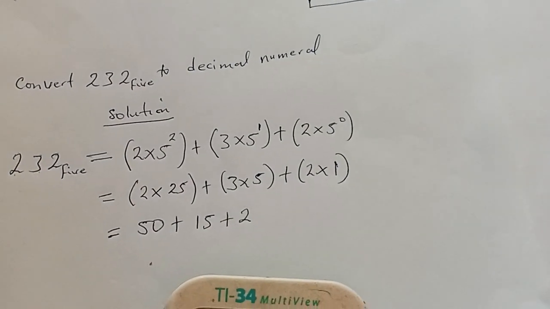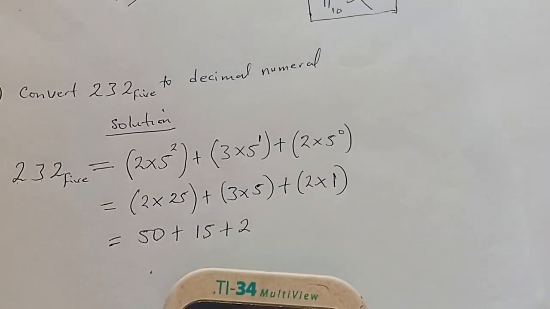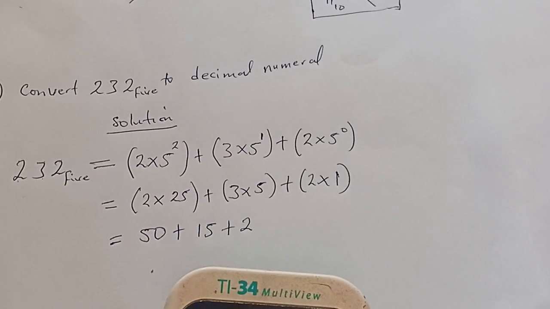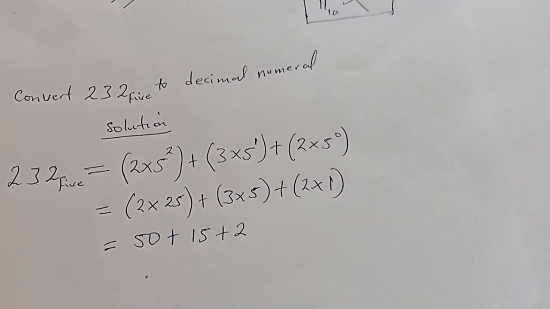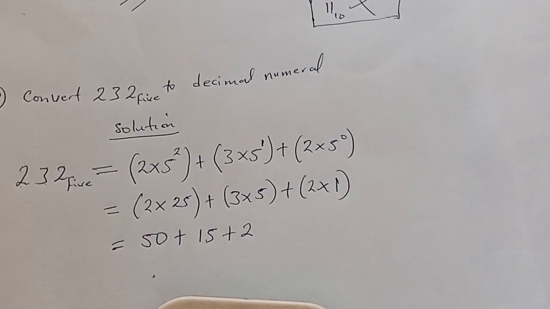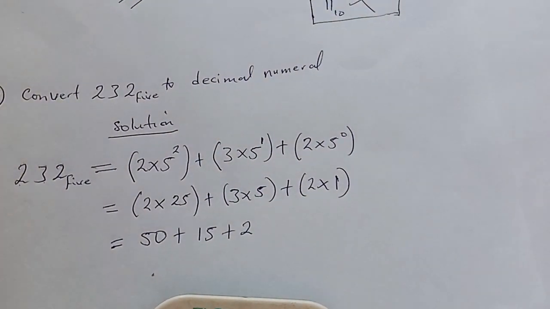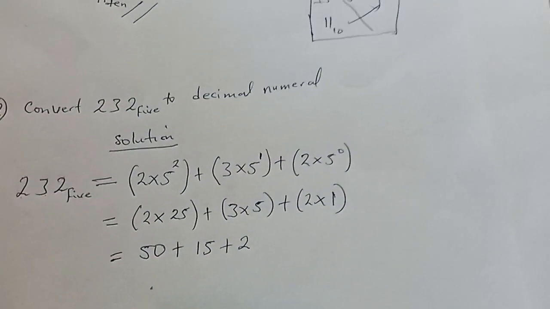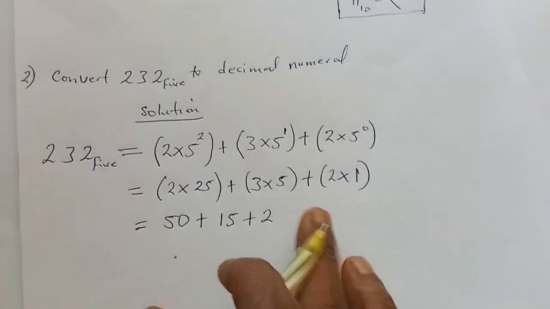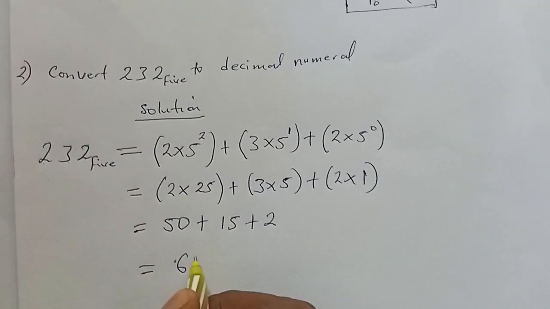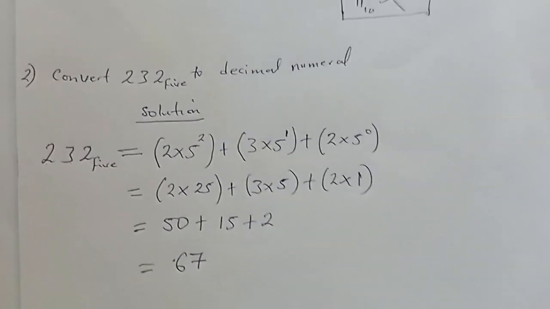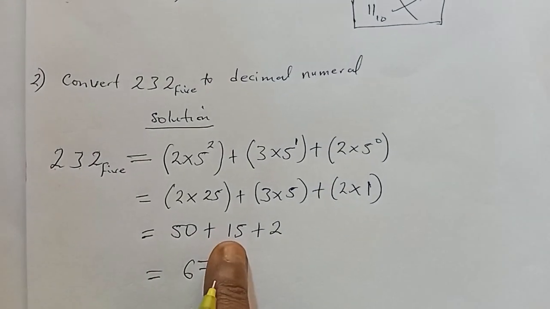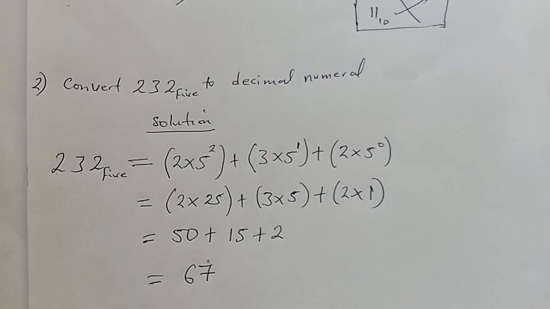It will be 50 plus 15 plus 2, right? Give it what? 67, right? Because if you add 50 plus 15, you get 65. 65 plus 2 is 67, right?